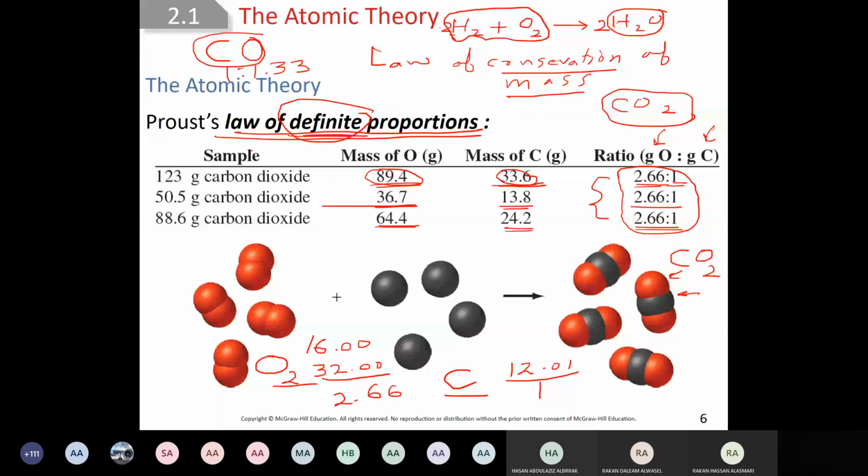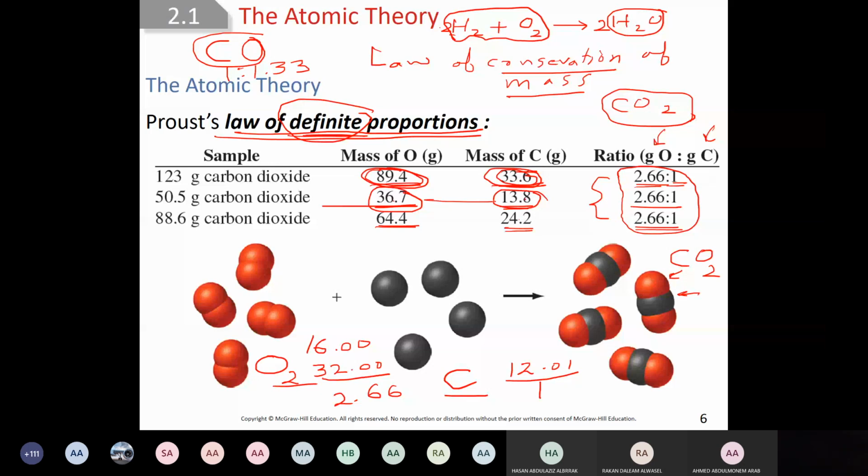How did you calculate the ratio? Divide the mass. This is the total mass of oxygen. Divide by the mass of carbon. Divide this number by this number, and you'll get the ratio. In another compound, this number was the mass of oxygen, this number the mass of carbon.